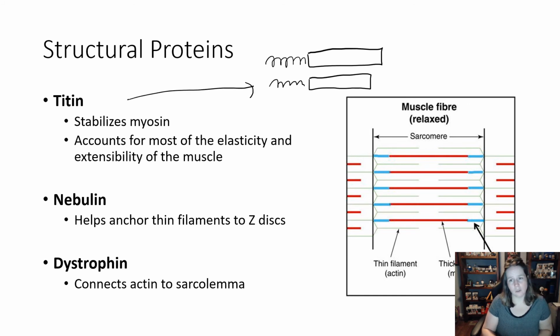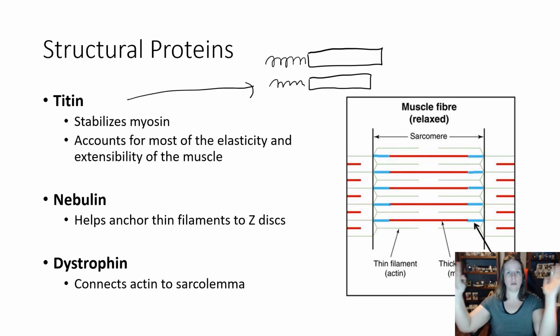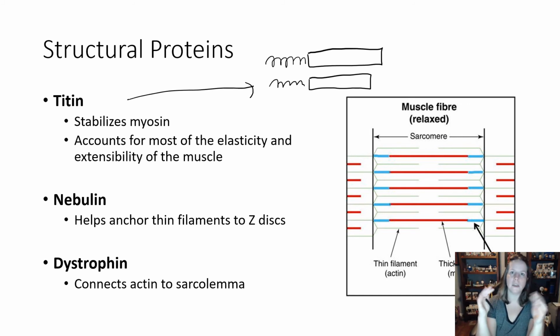They are like little springs. So what happens is the myosin is going to move the actin over, and that's going to kind of compress the springs, and then when we want to relax, they jut outward. So this is what gives us that elasticity and extensibility property of our skeletal muscle.